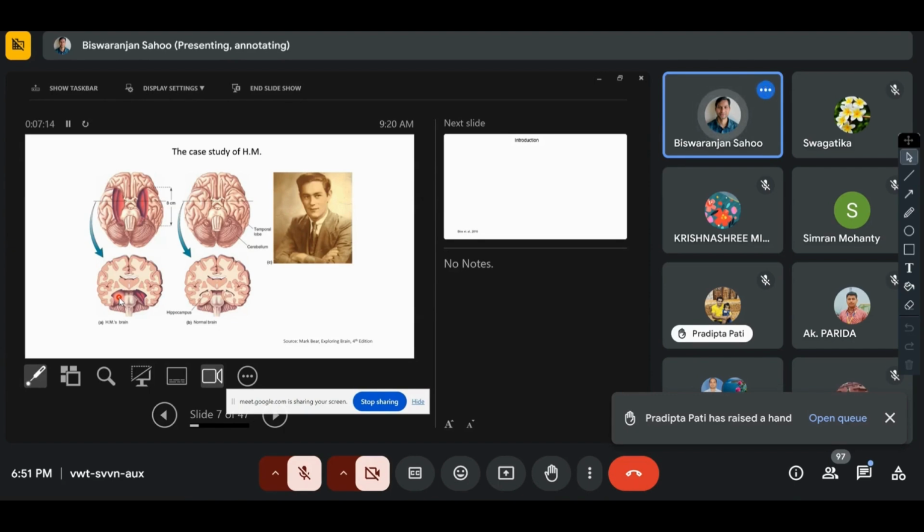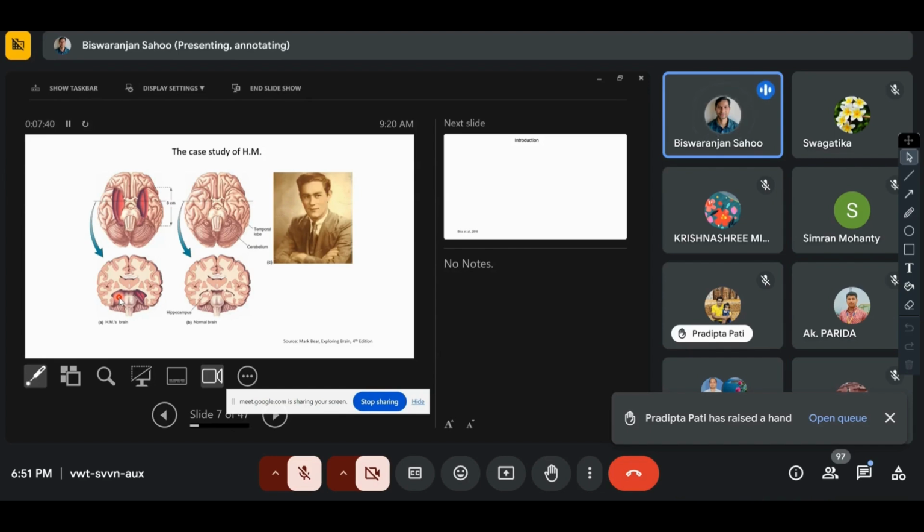There was no pain. But what was devastating was that he couldn't form new long-term memories throughout his life. So each time the doctor entered, he forgot. Every 50 minutes he forgets. He asks, who are you? Brenda Milner, the person who studied HM for 30 years, found that the other forms of memory were intact.